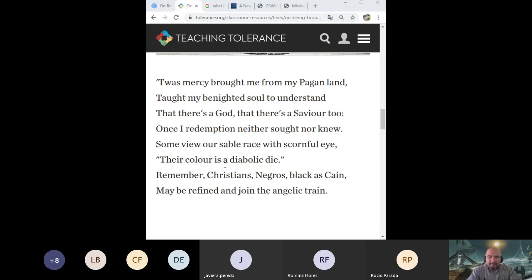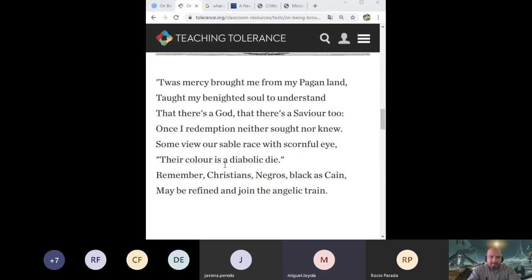Okay. Good morning. I believe that the poem, because in the end it says, "Remember, Christians, Negroes black as Cain may be refined." And refinement is usually not a delicate, slow process. And Christians have long believed that through fire, like steel, they can become as sharp as a blade. They can be cast as a better person. They can cast out their impurities.